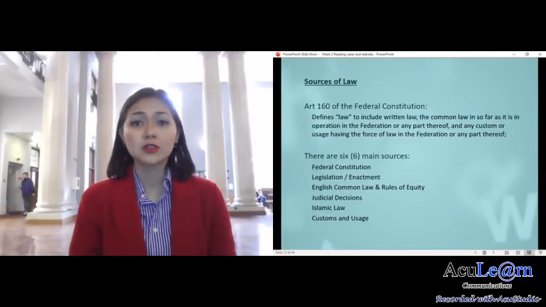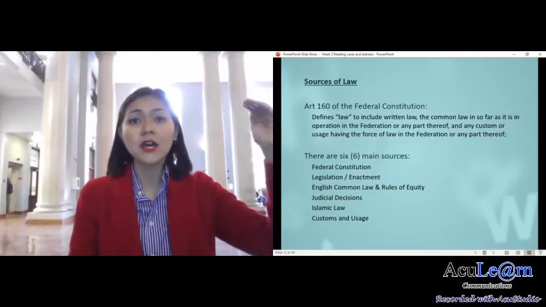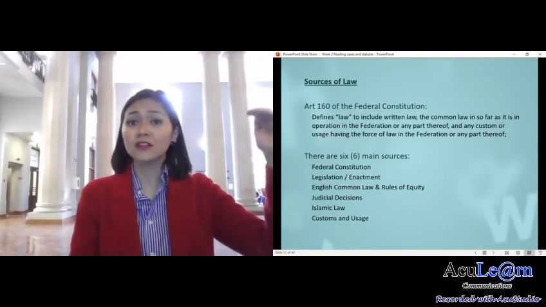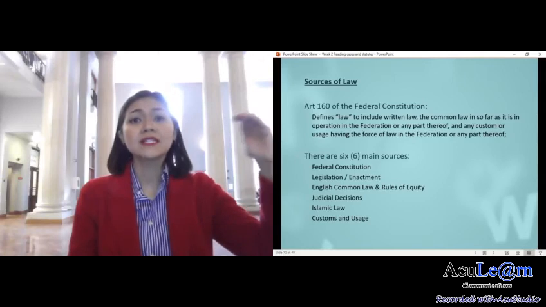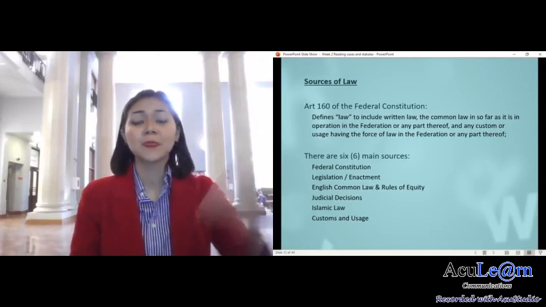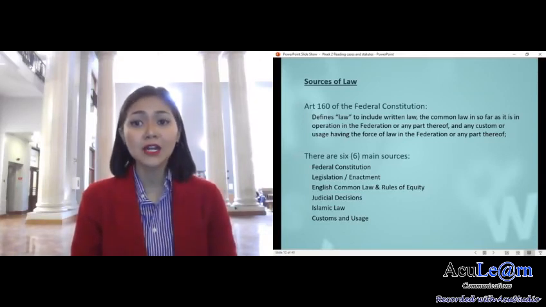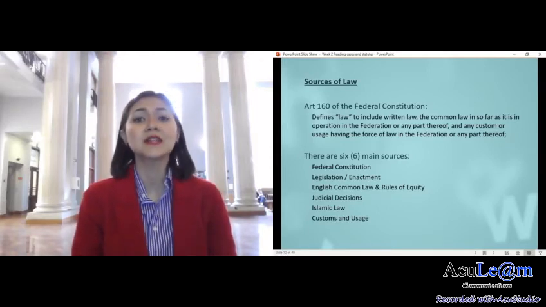In this type of situation, it is best to start with the highest authority of law, which is the Federal Constitution itself. So under Article 160, the Federal Constitution defines law to include written law, common law, and any customs or usage having the force of law in the federation.